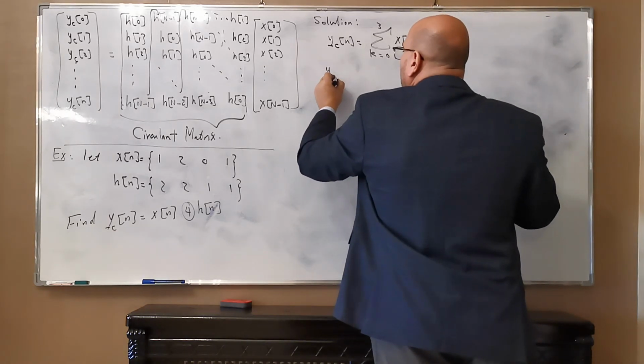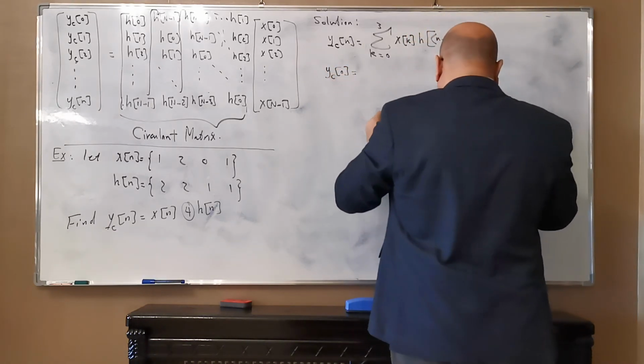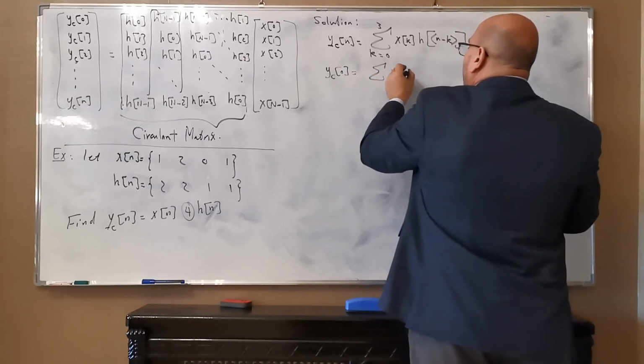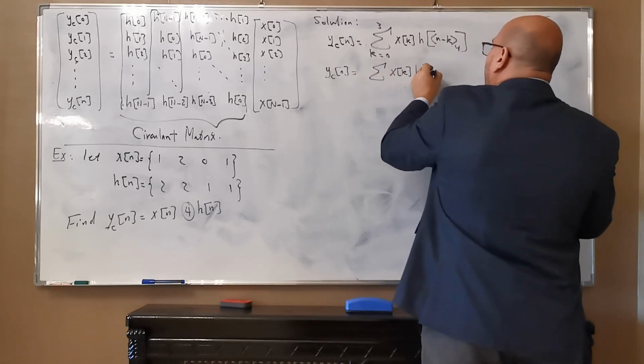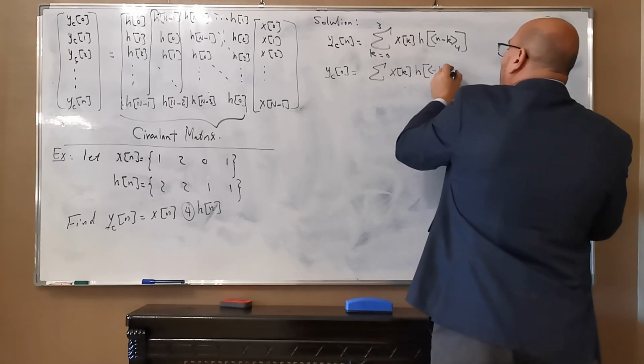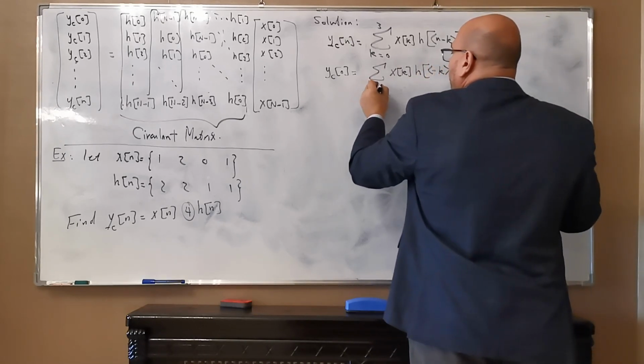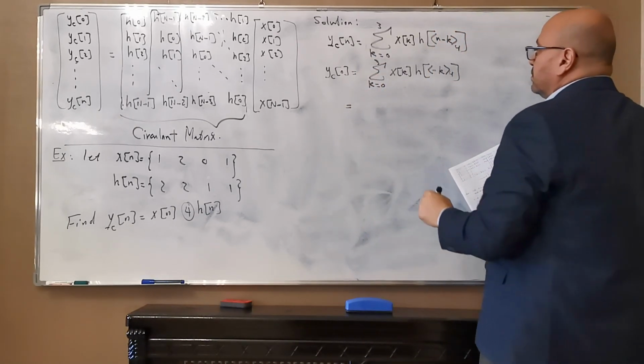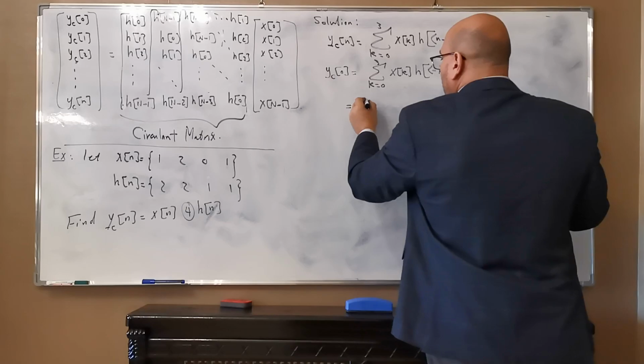So yc of 0 equals summation x of k h of minus k modulo 4 from k equals 0 up to 3, and start substituting values.